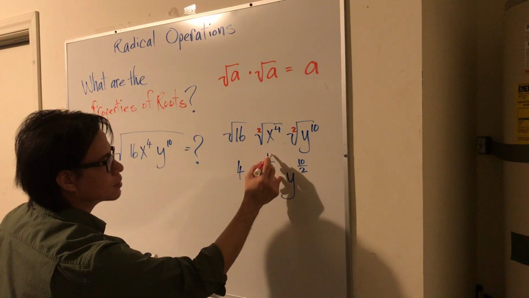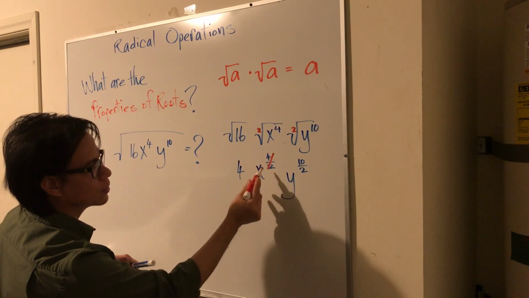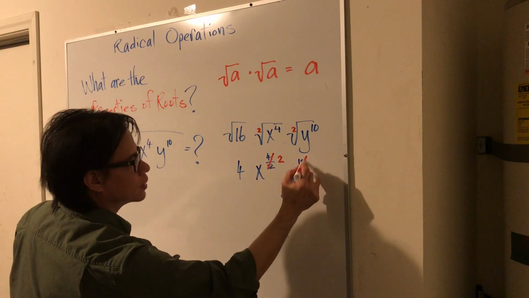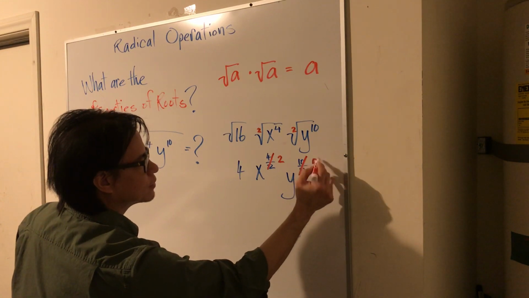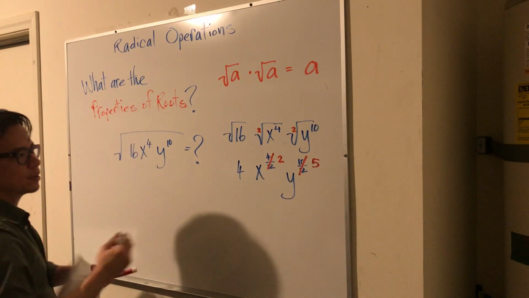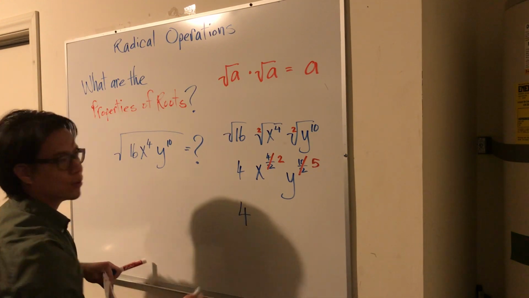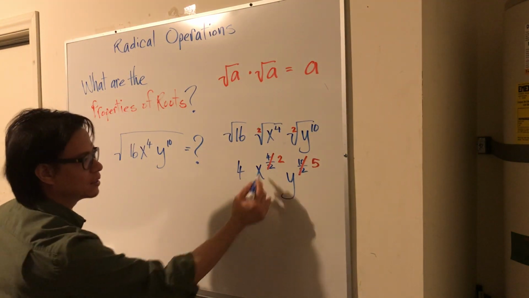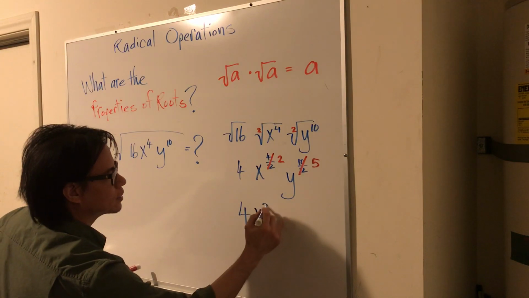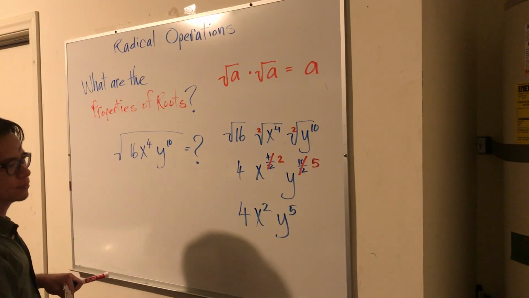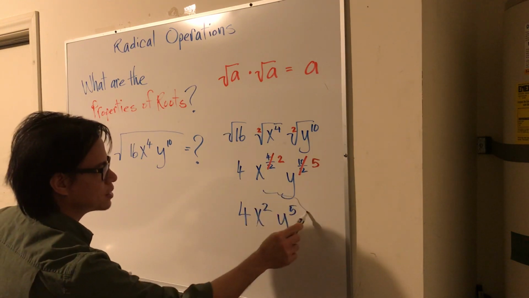Which you can simplify into 4 divided by 2 is 2. 10 divided by 2 is 5. So here we have 4x to the 2nd, y to the 5th. It doesn't get any easier than that.